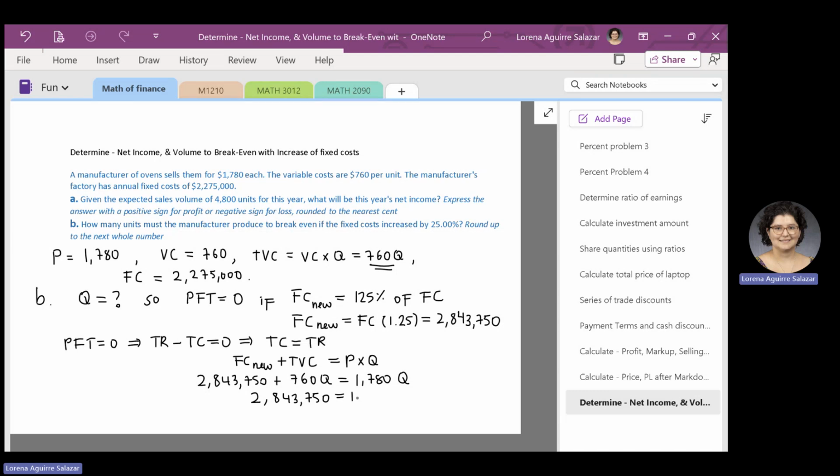That's what we get when we subtract 1,780 and 760.